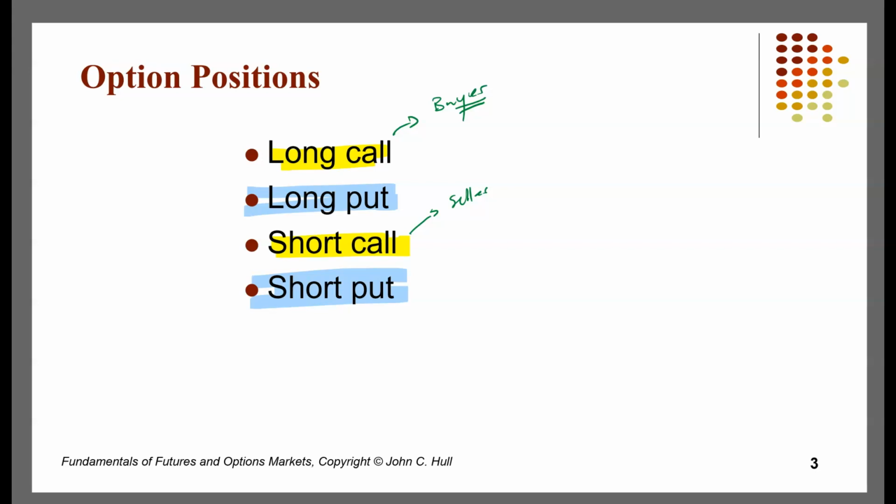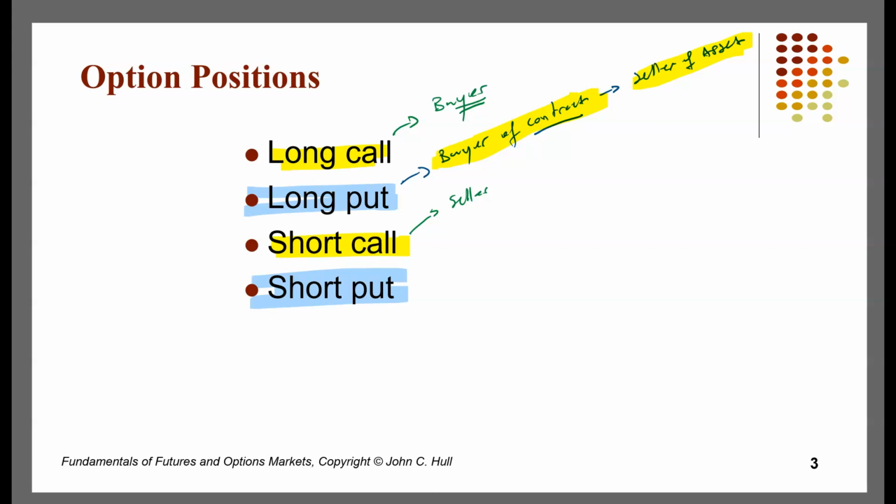Now, the long put would be, in this case, the buyer of the contract, and therefore the seller of the asset. So the long put buys the right, that's what the buyer of the contract means, buys the right to sell, and therefore is the seller of the asset.